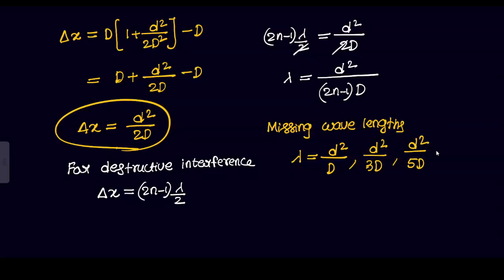Like this it will come. These are the missing wavelengths.